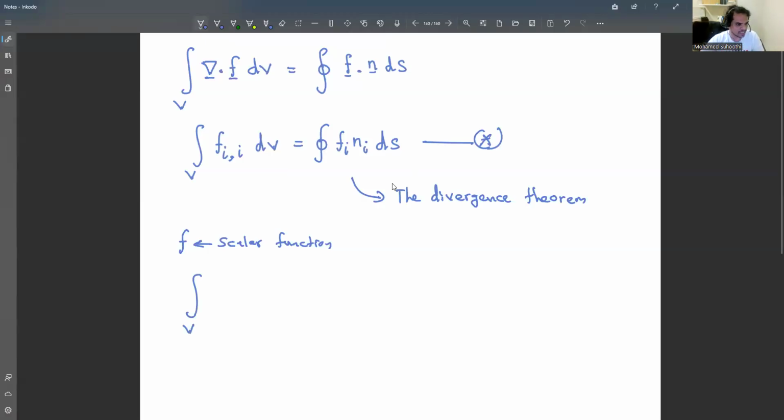The volume integral, now it will be the gradient of f, dv. You can convert this into a surface integral, f times n. This is just a scalar, this is a vector now, ds. So you can use it for anything.